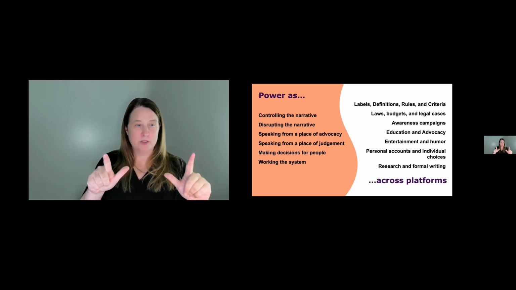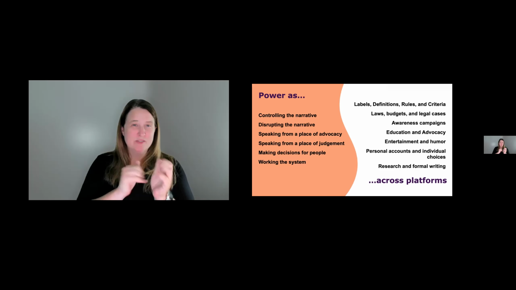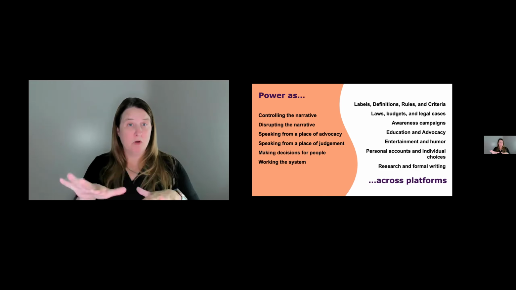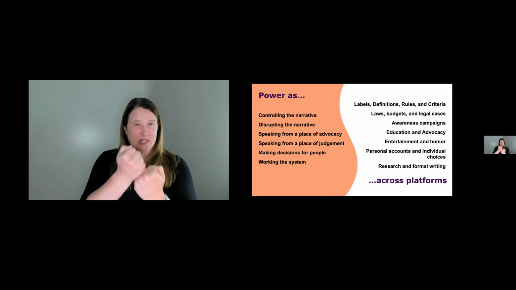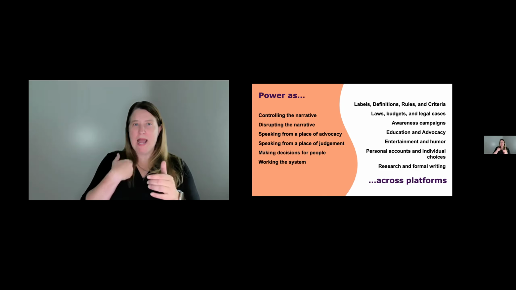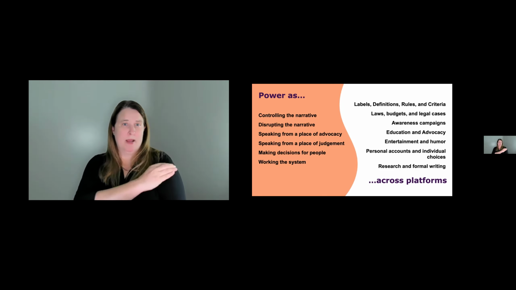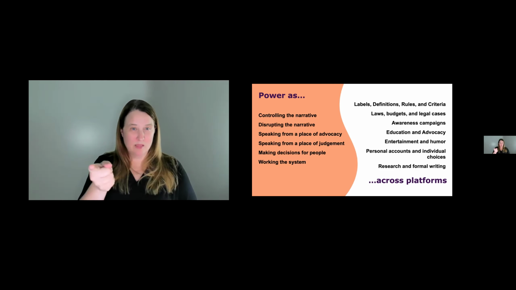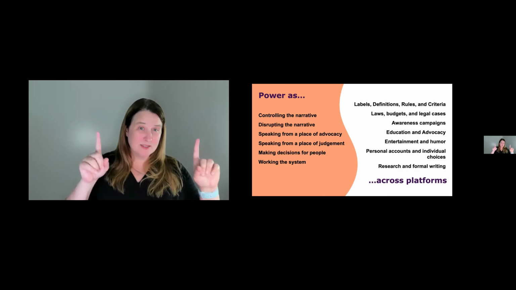How do we disrupt that narrative using language? Advocacy. Often, how we use language, both formal and informal language, that's power in advocating for equality. So shifting who has the power. So if we want to move the power to folks with disabilities, we use advocacy.